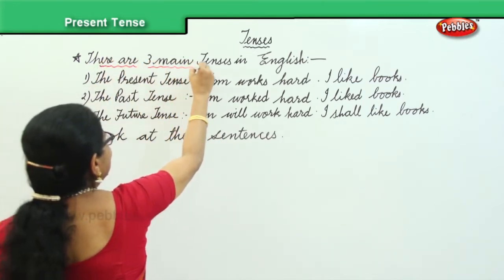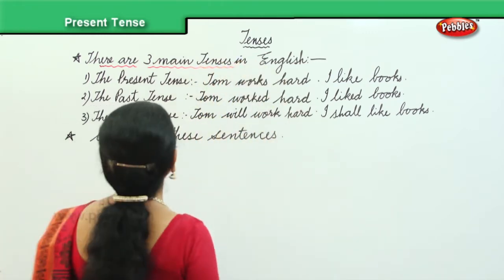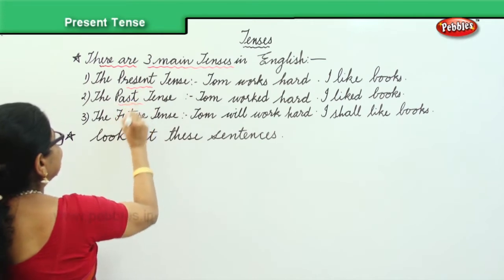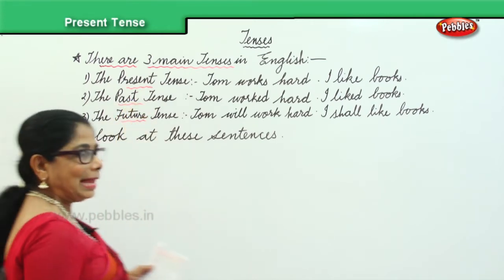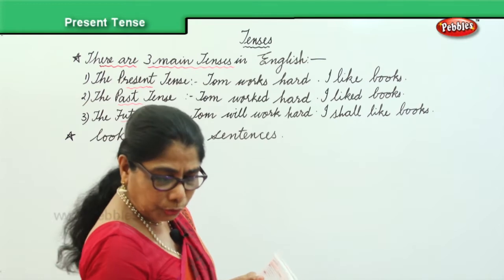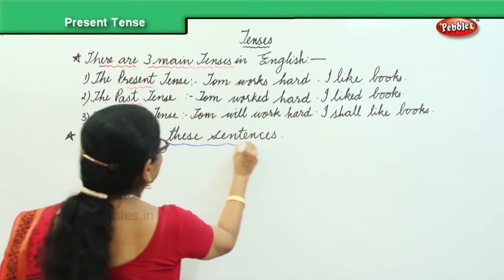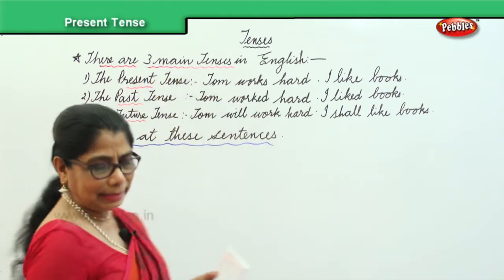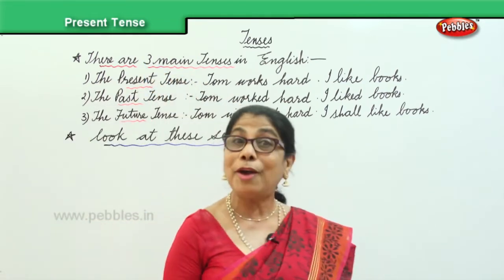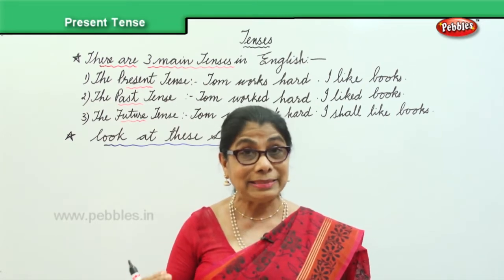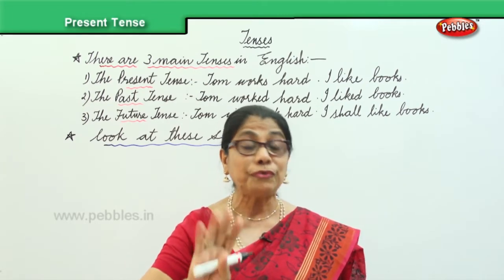There are 3 main tenses in English: the present, the past, and the future. Now we're going to look very carefully at the first of its kind, the present tense. And in the present tense, we have 4 forms, and that's what we are going to do now.